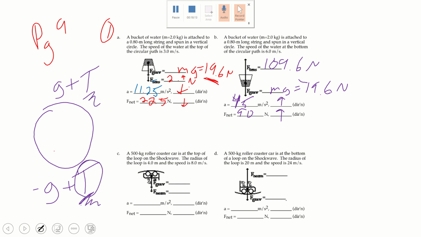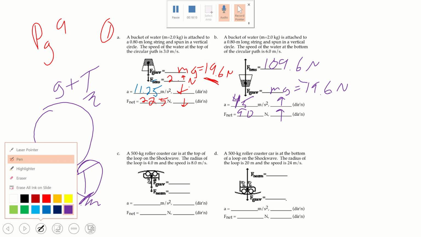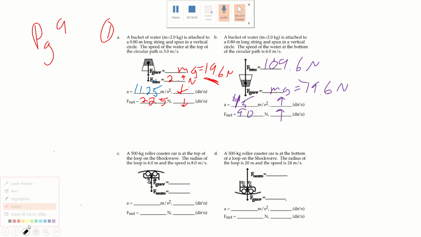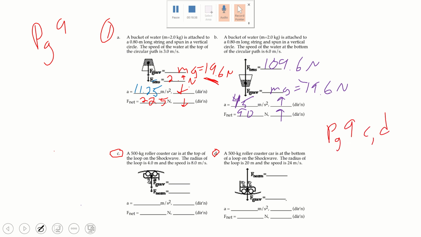Okay? So what I want out of you guys, and I will write this on the heading for the assignment, is on the same page, I would like you guys to do parts C and D on page 9. So page 9, on your own, do parts C and D. And the same kind of page continues on page 10.